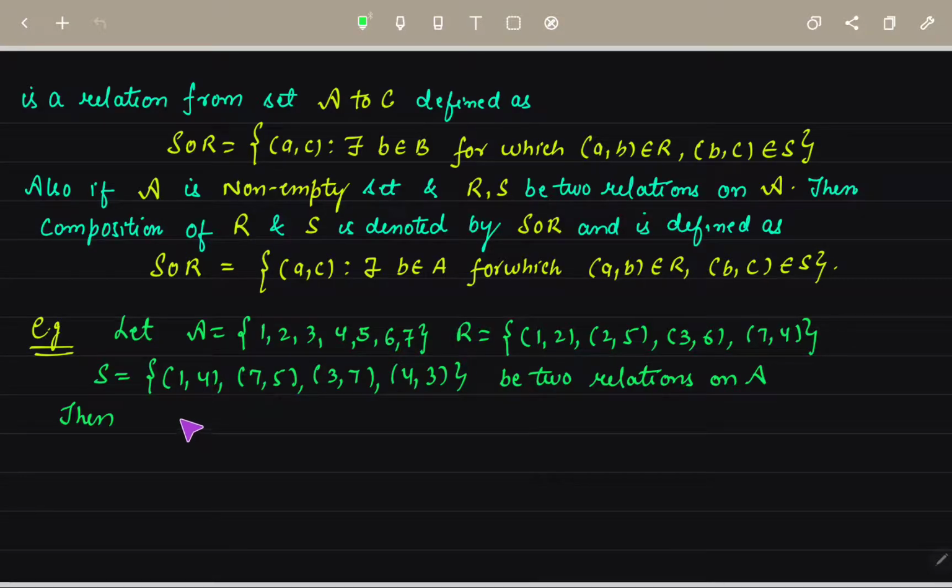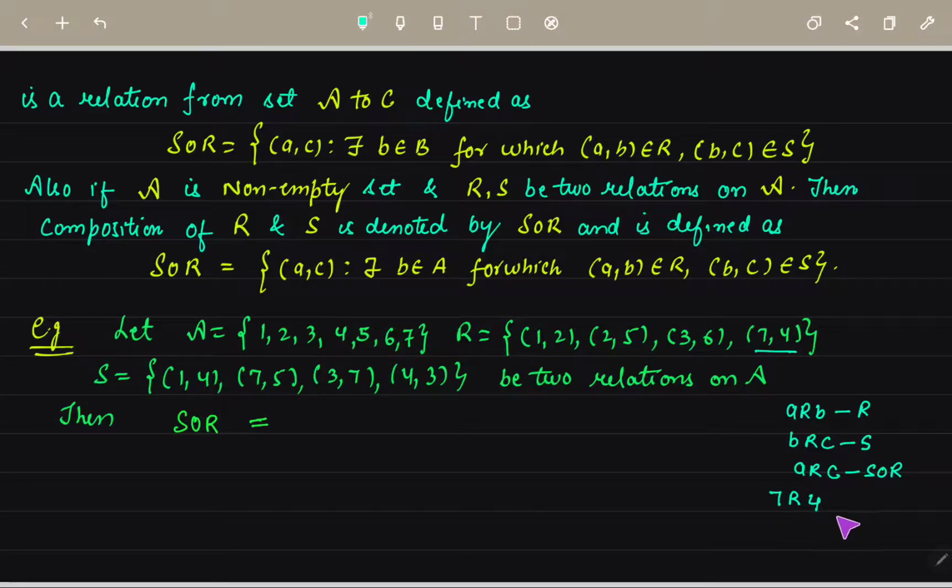So clearly here S composition R, as per the definition, says: if (a, b) belongs to R, that is, A is related to B and this belongs to R, similarly B is related to C and this belongs to S, then we will get A is related to C and this belongs to the S composition R. So I am taking here the ordered pair, for example, 7 is related to 4.